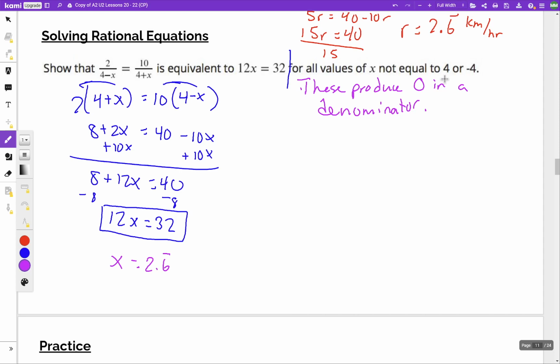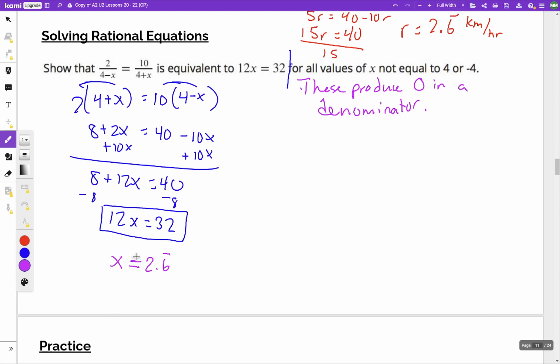If I plug in a number like 10 or 20 or 30, I'll get a relationship here, and a similar relationship here. But the problem is, as soon as you get 4 and negative 4, if I try plugging those in for x, this is unsolvable. So I take it back, I guess this is related here.